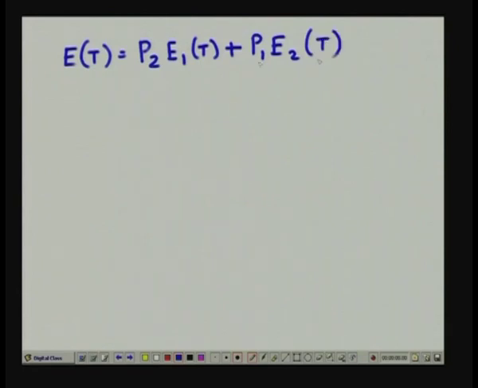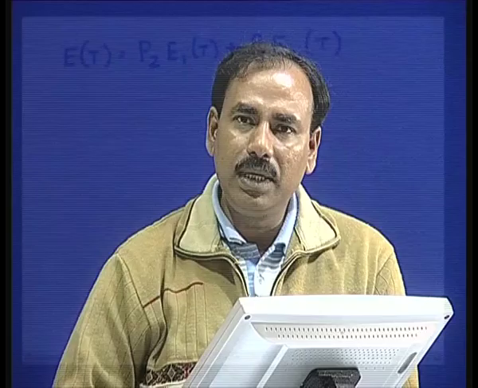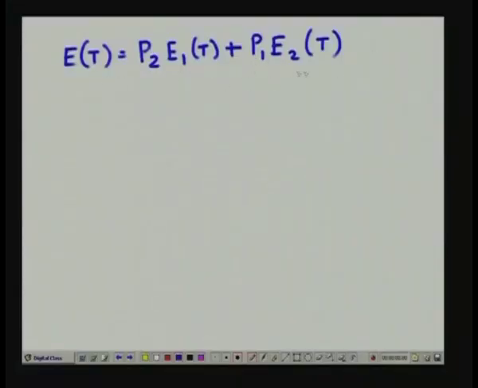So, you find that this E 2 was the error of classifying a background pixel as a foreground pixel, and E 1 t was the error of classifying an object pixel as a background pixel, and P 1 is the probability that a pixel belongs to background, and capital P 2 is the probability that a pixel belongs to the object. So, the overall probability of error will be given by this expression capital P 2 into E 1 t plus capital P 1 into E 2 t.